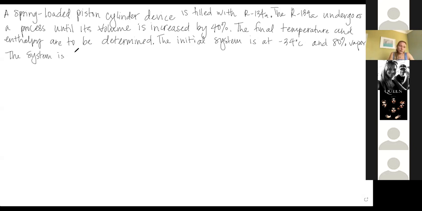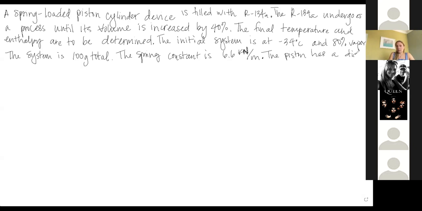The spring constant is 6.6 kilonewtons per meter. The piston has a diameter of 0.3 meters.